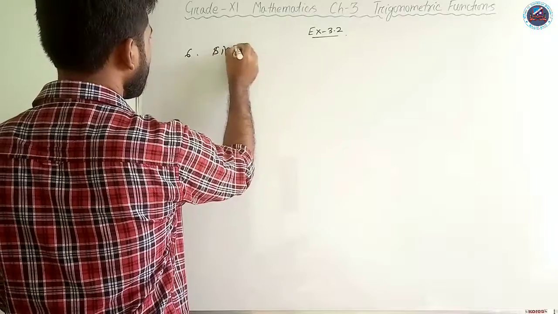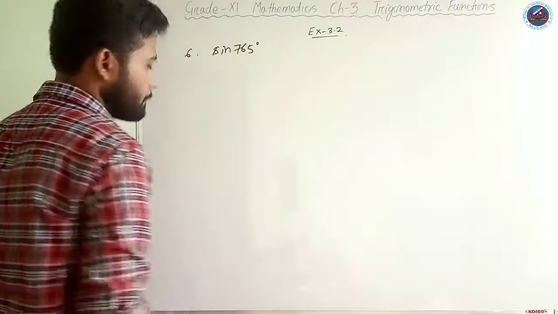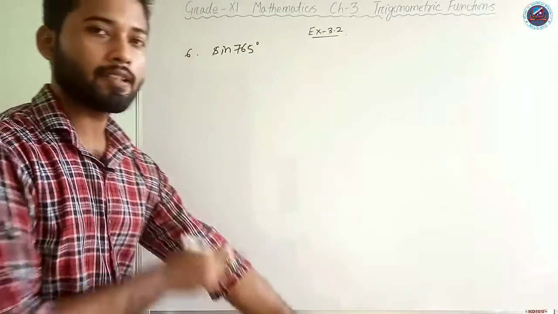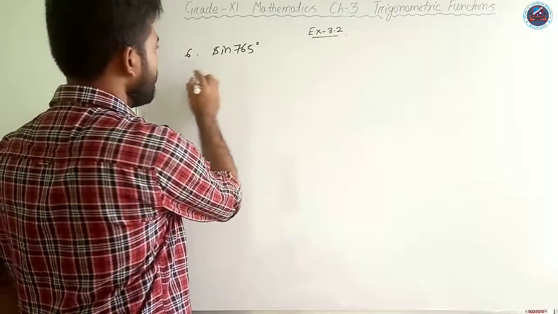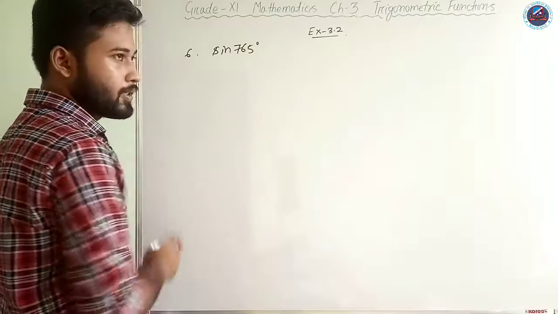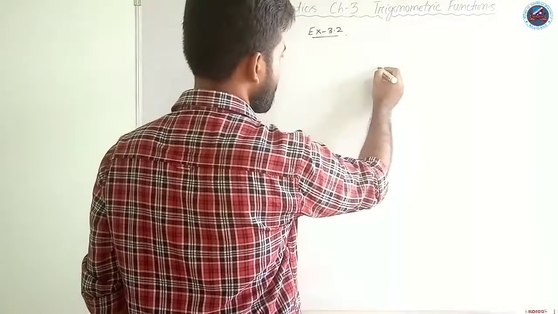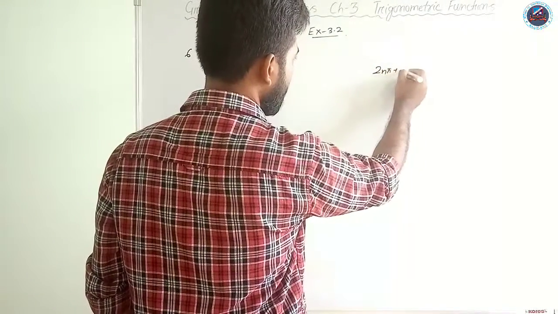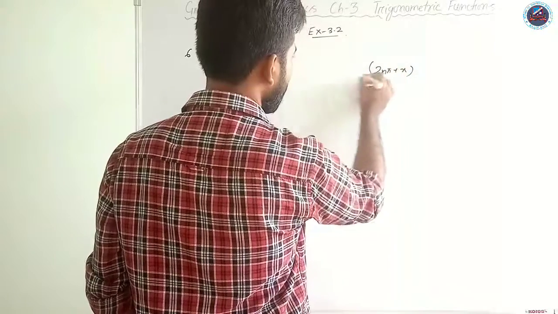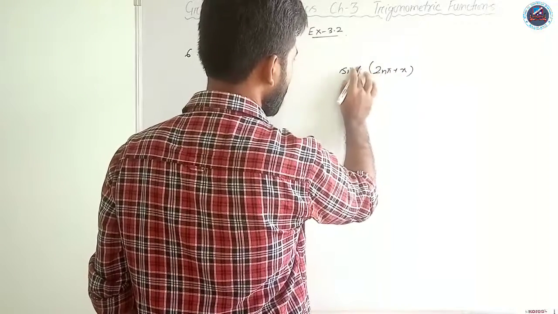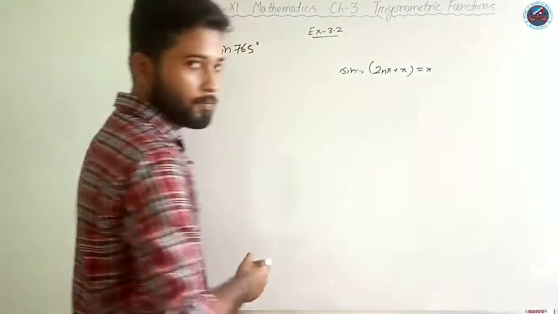sine of 765 degree. So when such big degrees are given, how to do? I have shown an example using the STC rule and all, or you can use the twice n pi plus x, sine of twice n pi plus x is equal to sine x, isn't it? How does this happen?